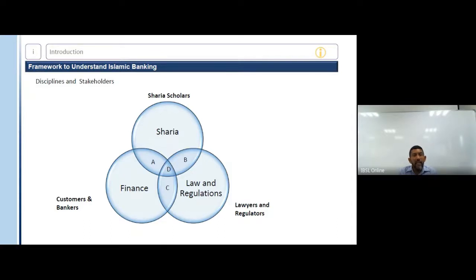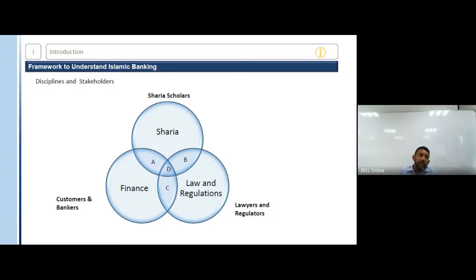A, B, and C are the three areas that we should avoid operating in, and we should try our best to operate in quadrant D. Of course, it is easier said than done, but that is the ideal way to operate to ensure sustainable operation.